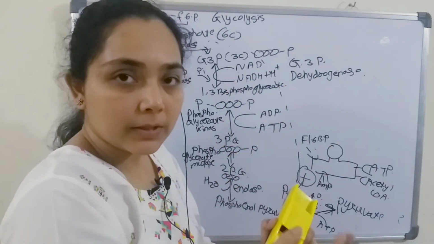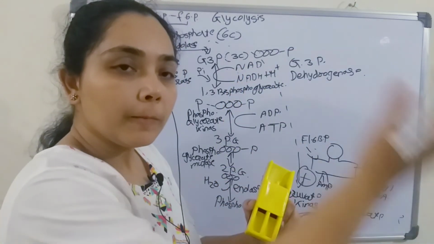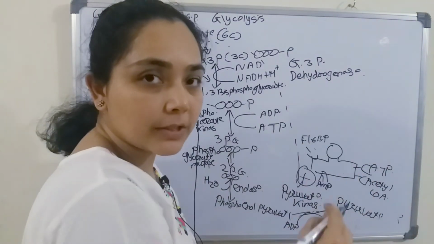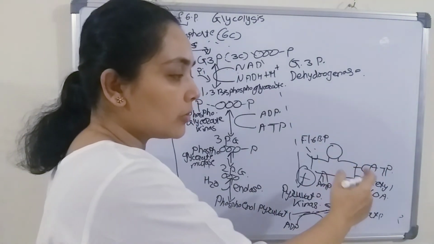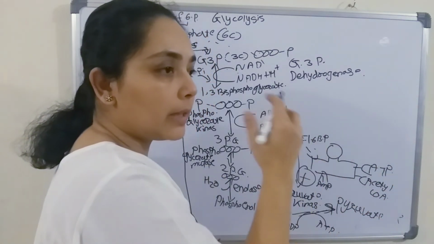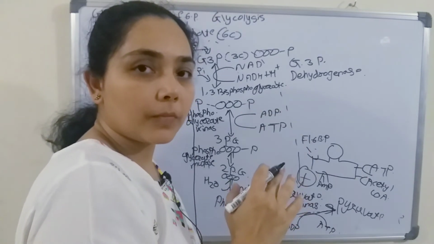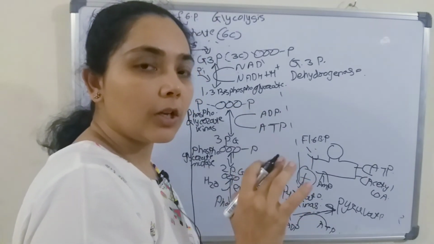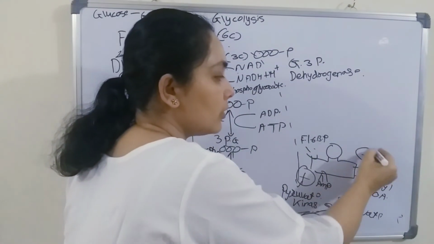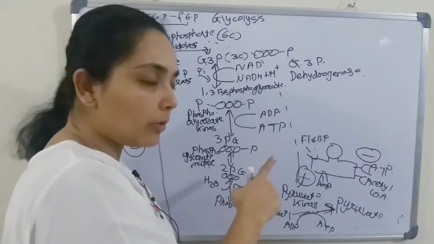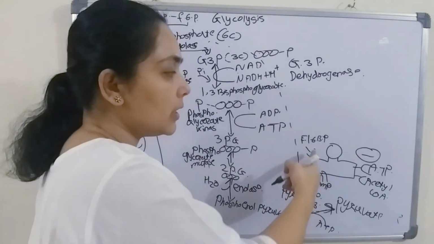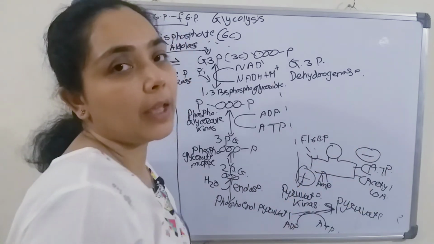So if enough ATP is there and enough of the Krebs cycle is going, so that the electron transport chain generates ATP and the Krebs cycle is running, then acetyl CoA and ATP are available. That means they will act as negative regulators, because enough energy is available in the cells, so we don't need glycolysis. That means the glycolysis process will be slowed down here. So ATP and acetyl CoA will act as negative regulators, and fructose 1,6-bisphosphate via feed forward mechanism will act as a positive regulator along with AMP.